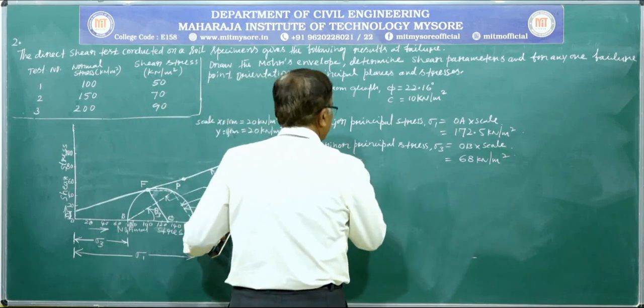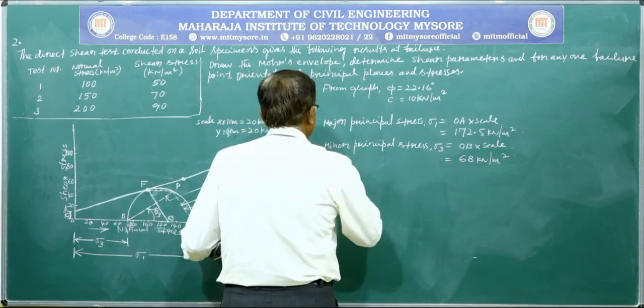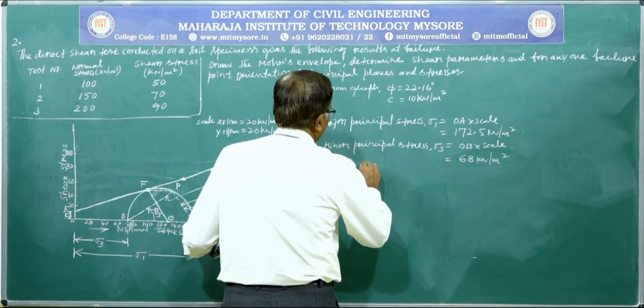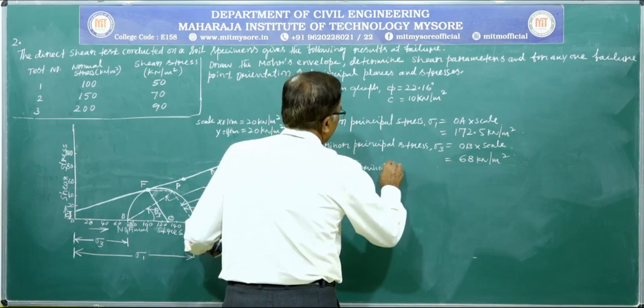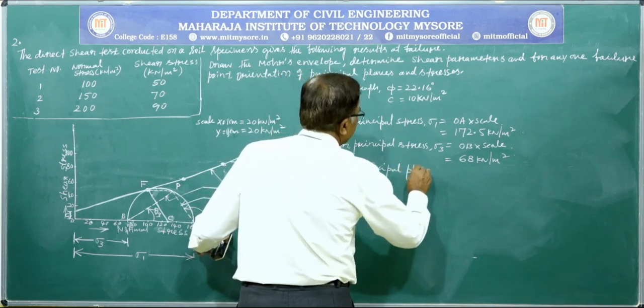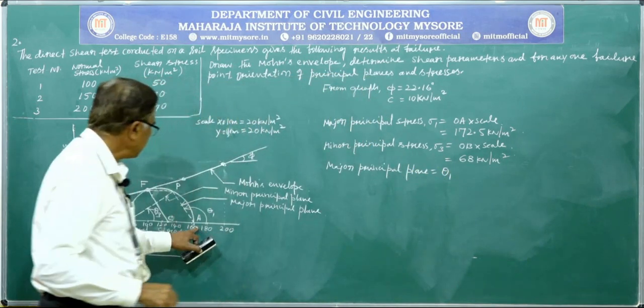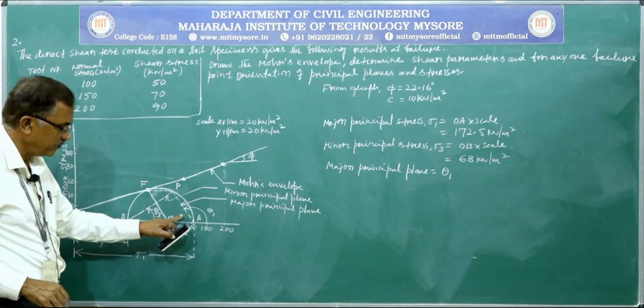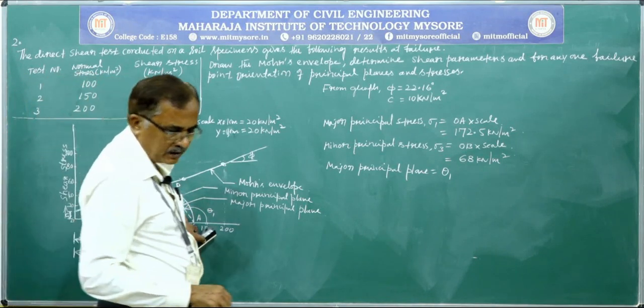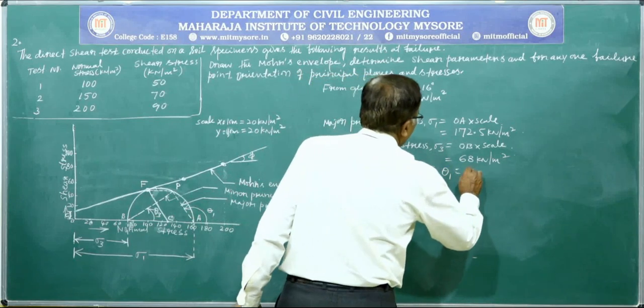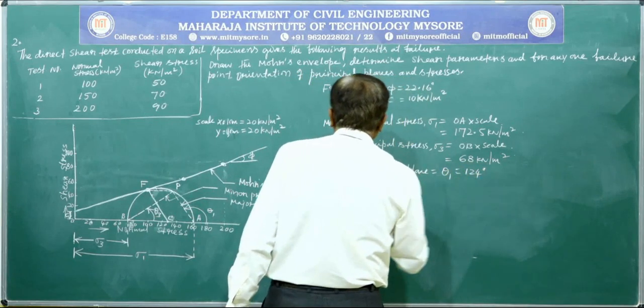Major principal plane, theta 1, is measured in the anti-clockwise direction. We can measure and write. It comes to be about 124 degree.